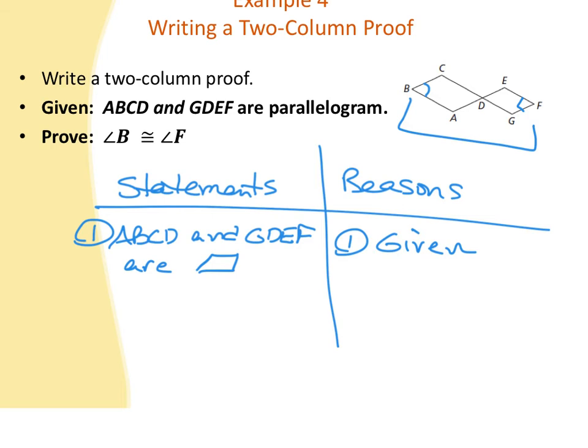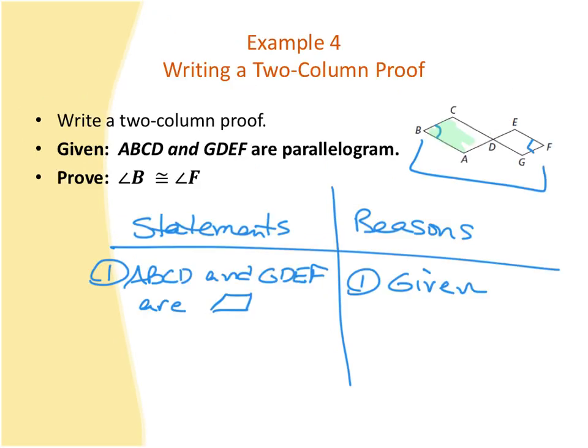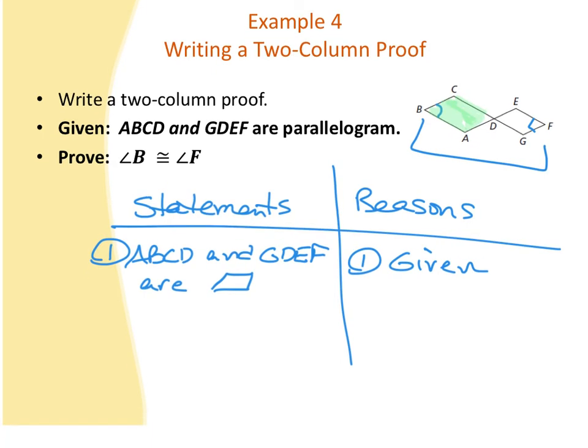So first thing I'm going to do is talk about the opposite angles in this green parallelogram. And I could state that angle B is congruent to angle CDA.